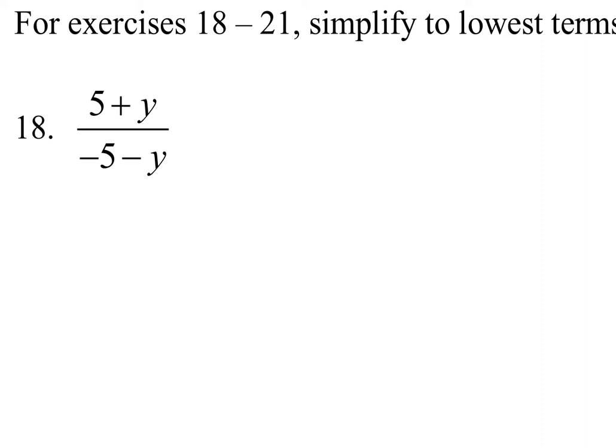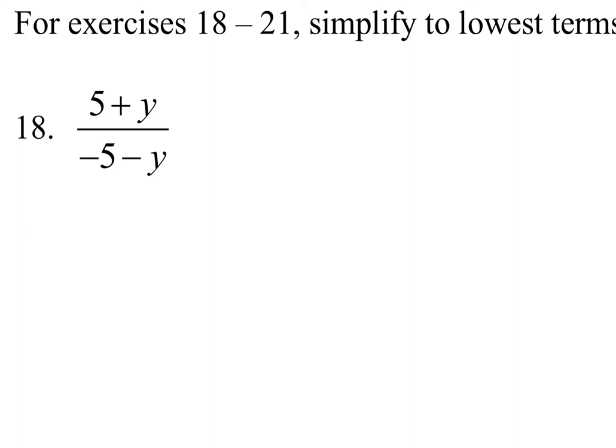So the exercise in 17 was useful for simplifying something like this, where it looks right now like they would just completely cancel out and your answer would be 1. Well, in the state that these binomials are in, they're not exactly the same. The one in the top has a positive 5 and a positive y. The one in the bottom has a negative 5 and a negative y. But what I could do is factor out a negative 1 from the bottom.